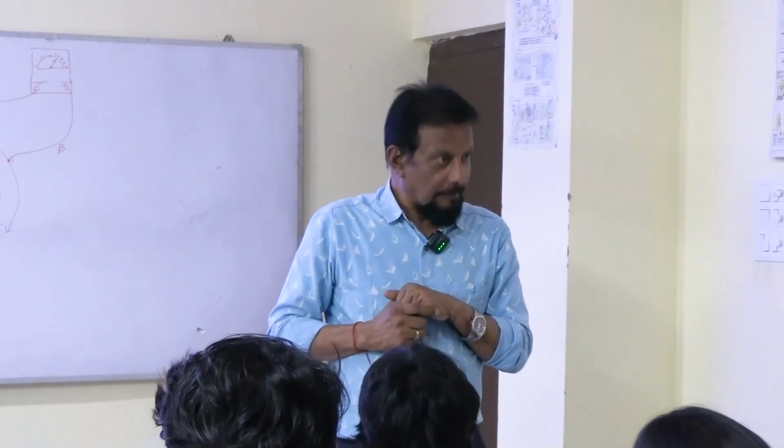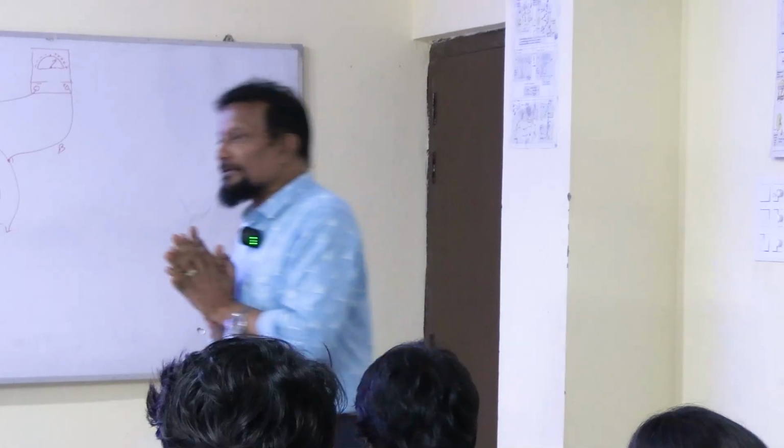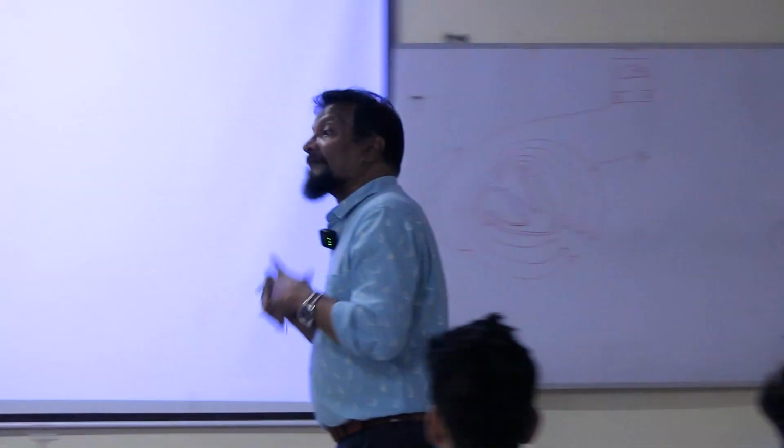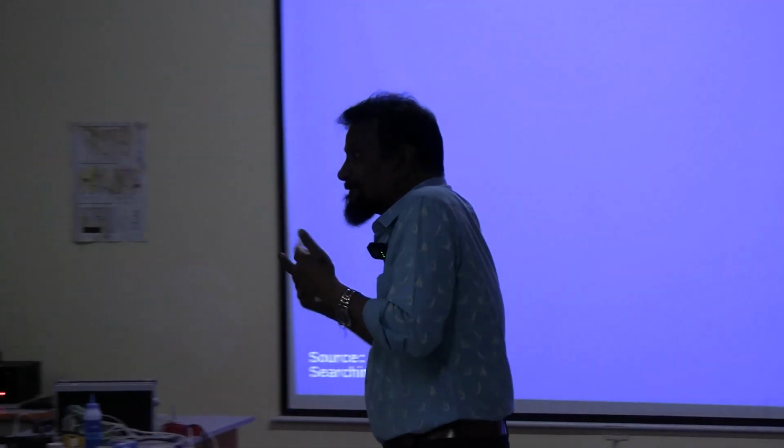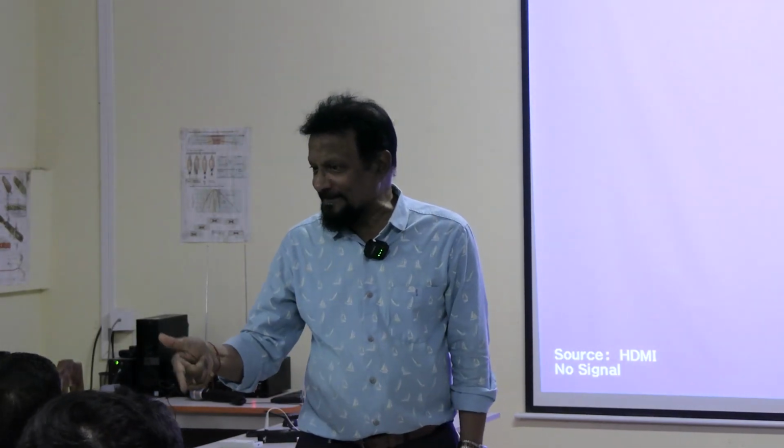In PQRST we will find some waves. Sometimes they are positive, sometimes they are negative, and sometimes it is flat, neither positive nor negative. We will see what happens and why it happens. If you know that, then you become an expert in electrocardiography.